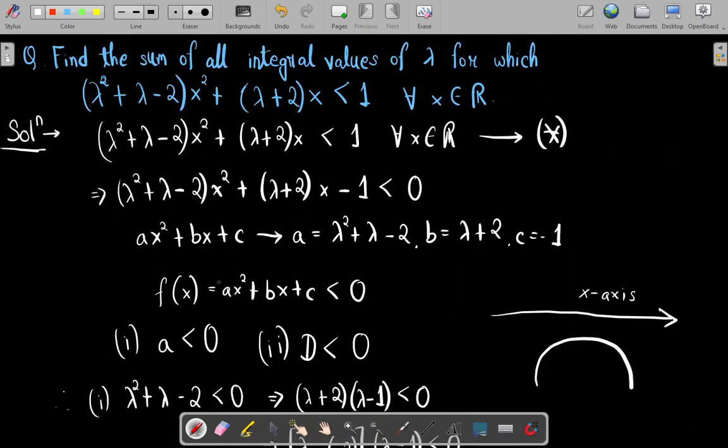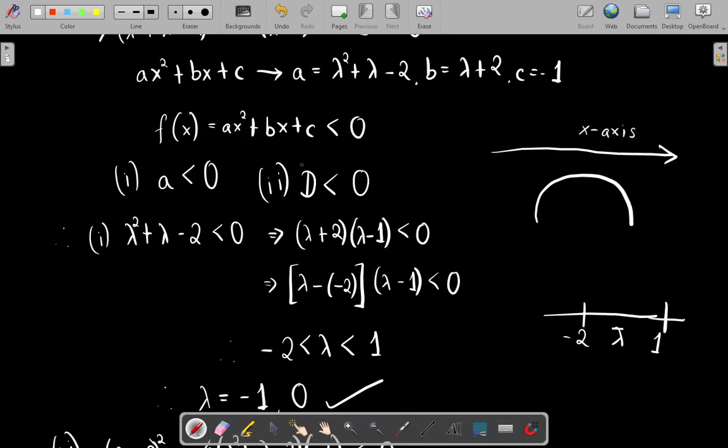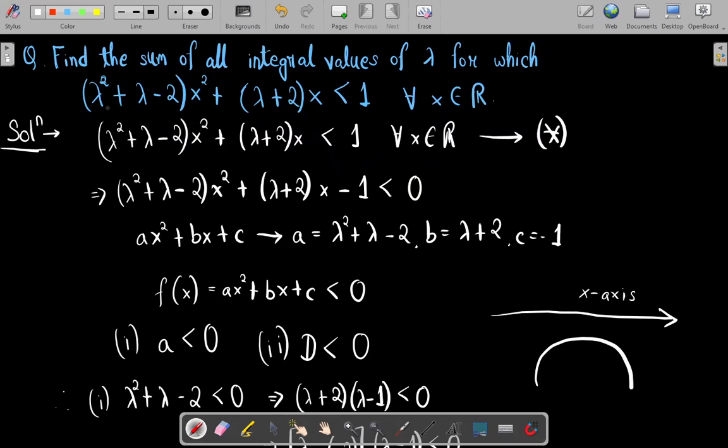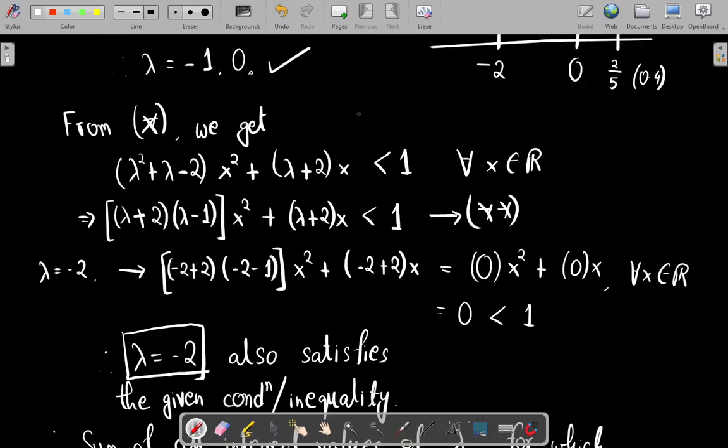But after observing the original inequality, when I plugged back -2, I saw that the inequality was true. So this was the primary condition, right? All these conditions of a less than 0, d less than 0 are secondary. The primary condition is whether it satisfies this given inequality or not. So if lambda equal to -2 satisfies this inequality, then that value should be considered.